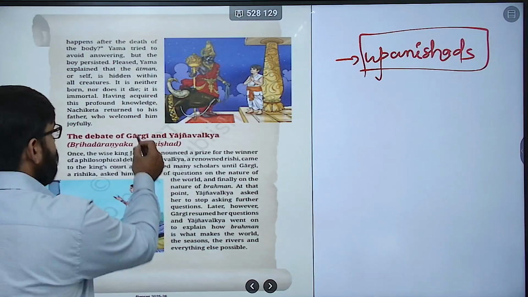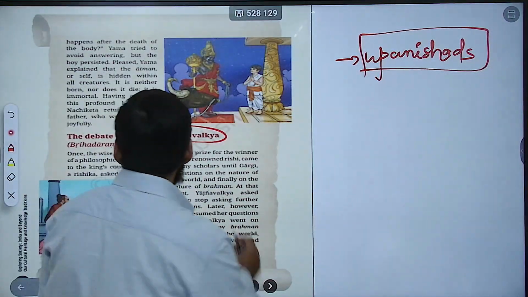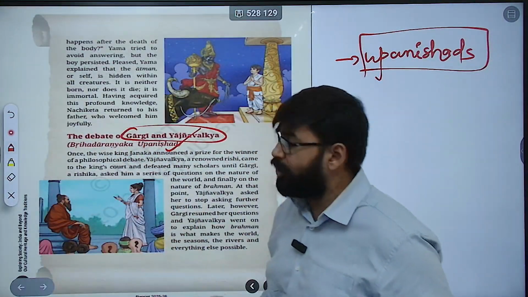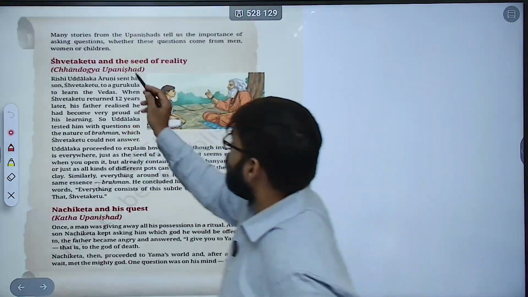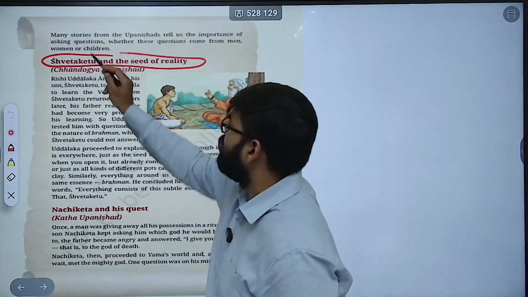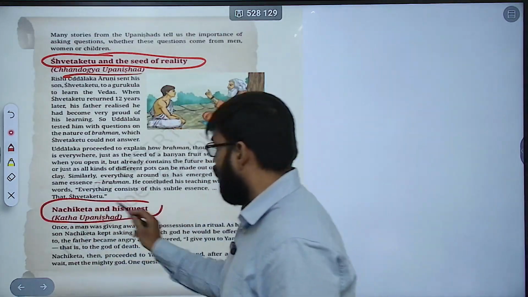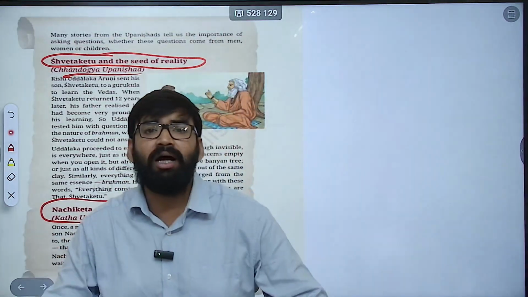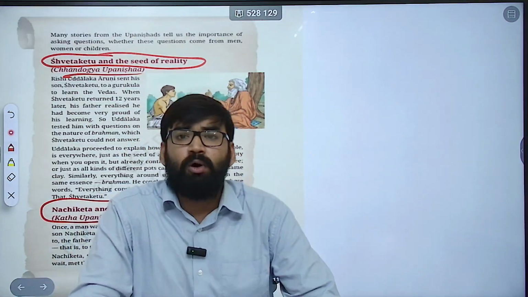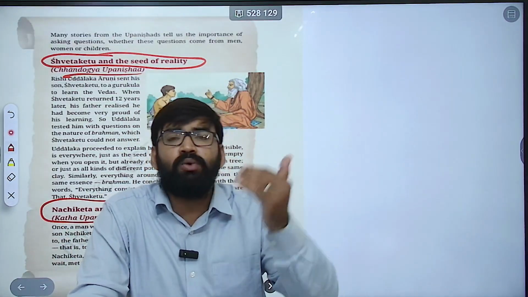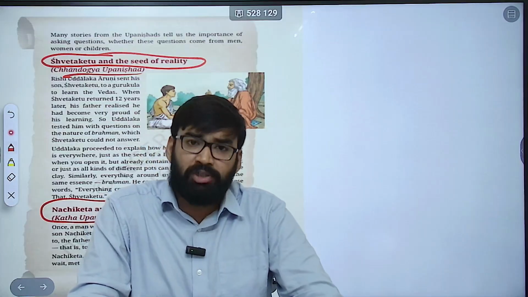As you can see here, the debate of Gargi and Yagnavalkya, which is mentioned in Brihadaranyaka Upanishad. Then the story of Shwetaketu and the seed of reality from Chandogya Upanishad. Then Nachiket and Yam. So this book also talks about the Upanishads and various stories mentioned in them.